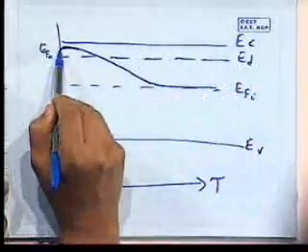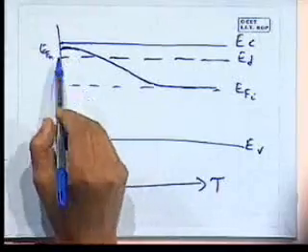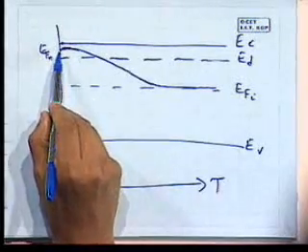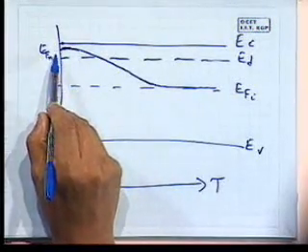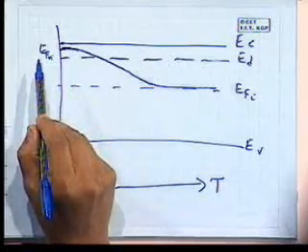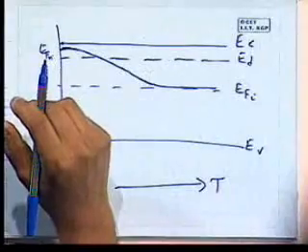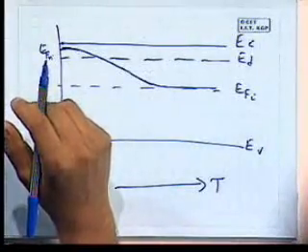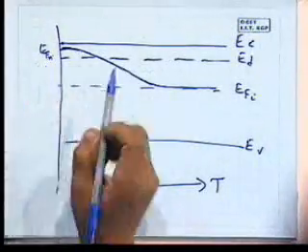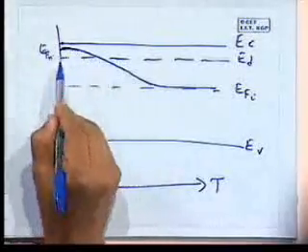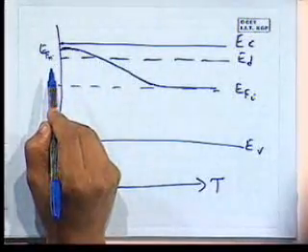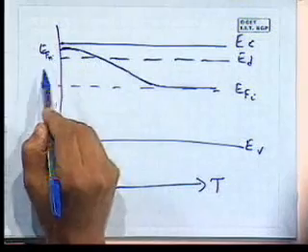Now intuitively you have to think of this. What does it mean that the Fermi level is sitting here? Think of the definition of Fermi level at temperatures greater than 0. How did we define Fermi level? Probability of occupation is half. That was the basic definition we had. What's the occupation level of ED at extremely low temperatures?